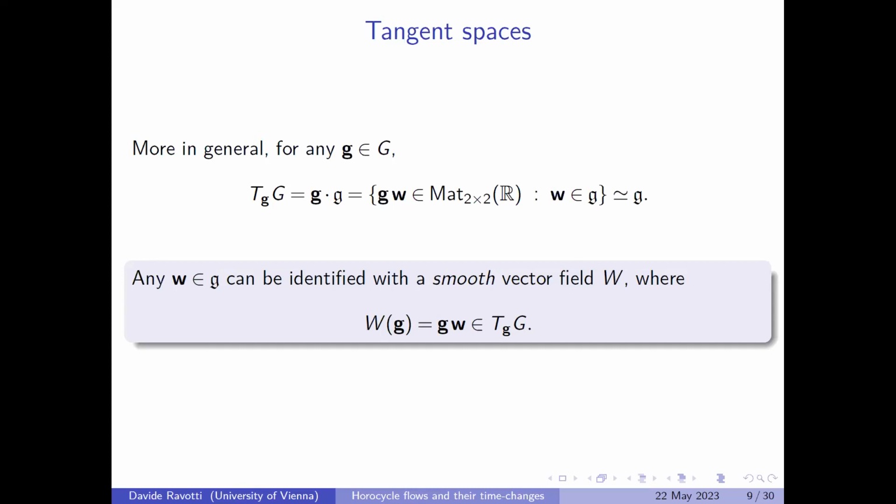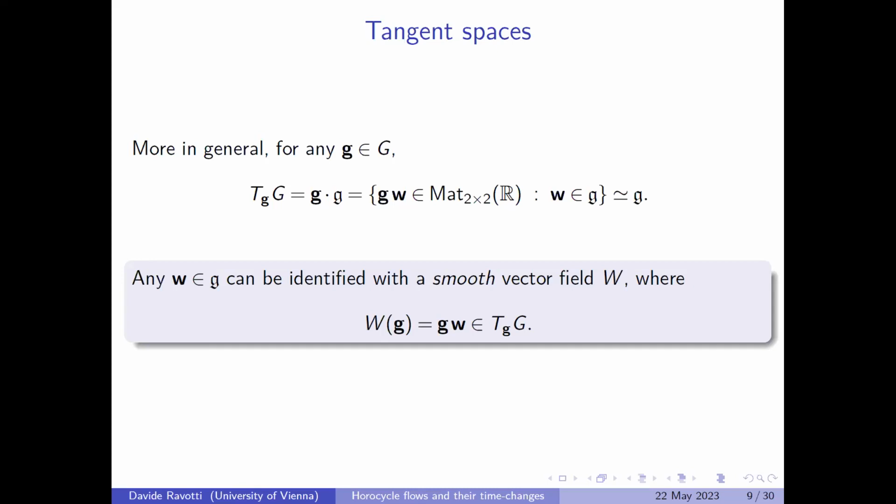Every time you fix an element of the tangent space at the identity, just one tangent vector in one tangent space, you can identify it with a smooth vector field on the whole group. The value at some point G is just your tangent vector at the identity multiplied by G. So every time you choose an element in here, you actually have a smooth vector field on the group.